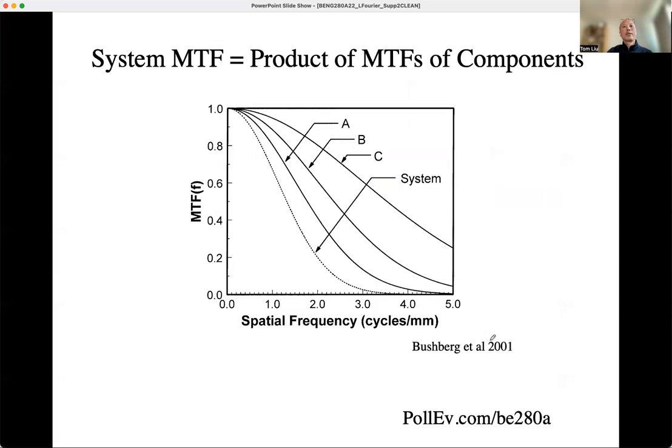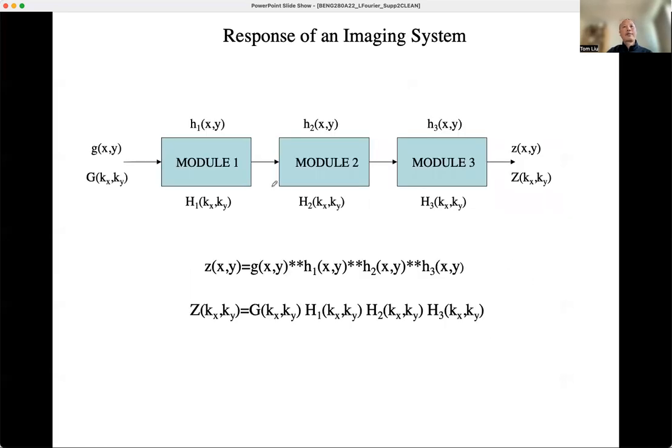One thing to notice is that if I have different modules in a system, each with its own impulse response, the output will be the convolution of all of these. I convolve this with this, the output gets convolved with this, and then convolve this with that.